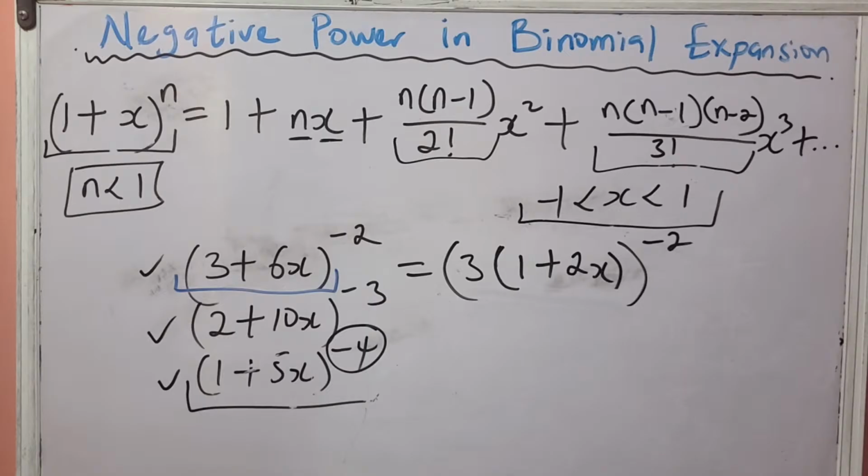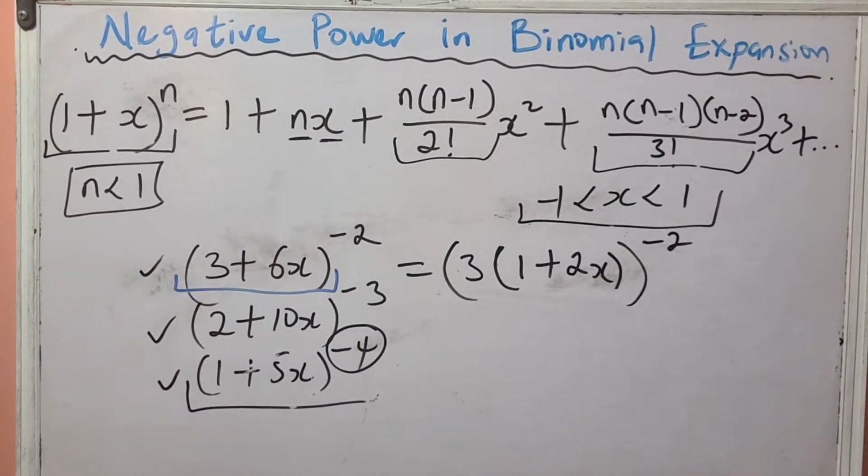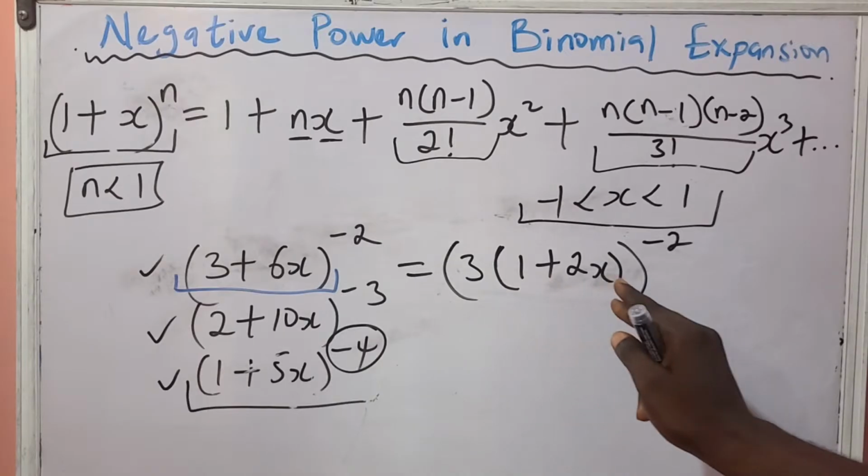All right? Now, what is the next step to take? Please pay attention. This is also a very vital step in being able to solve binomial expansion that has negative power. The next step, once you are done with this, is to split the power in this sense. These are 2 terms now. 3, this is 3 times 1 plus 2x.